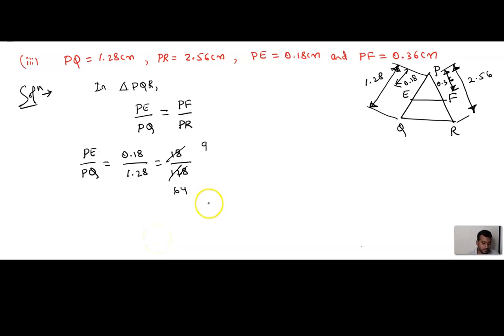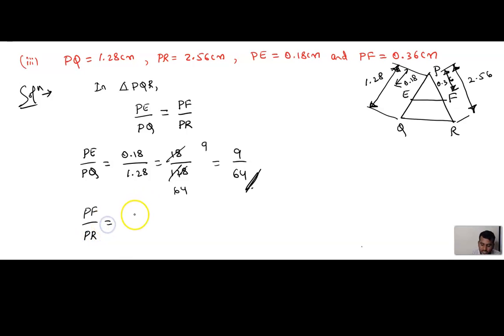It goes with 9 tables? 9 8s are 72, 8 8s are 64, right? 9 8s are 72. Does it go? It doesn't go, right? So keep it as it is. So what is the value? 9 by 64. Understood?